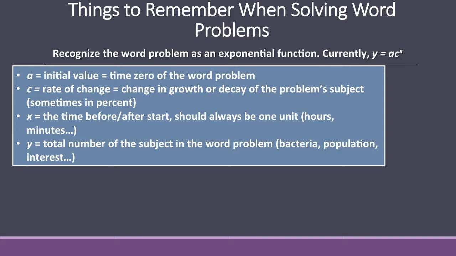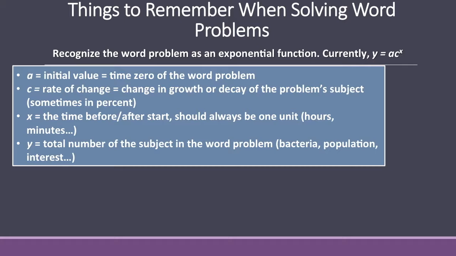X is the time before or after the start of your function. For example, if you start your survey in 2000 and you want to know what your survey is going to be like in 2010, you know that 10 years went between 2000 and 2010, and that is your x. Always make sure that it's in one unit. If it's all in hours, if it's all in years, if it's all in months.